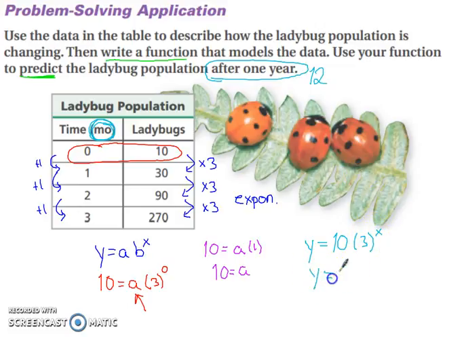So we have y equals 10 times 3 to the 12. And when we solve, we do 3 to the 12 first, order of operations, and then we're going to multiply by 10. And when we use our calculator to do so, we end up with 5,314,410 ladybugs after 1 year.